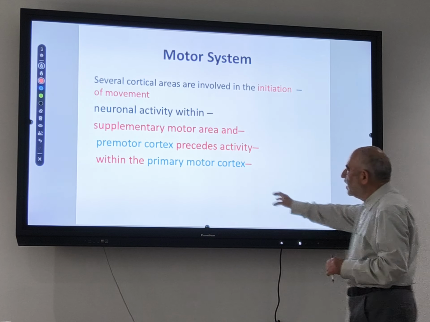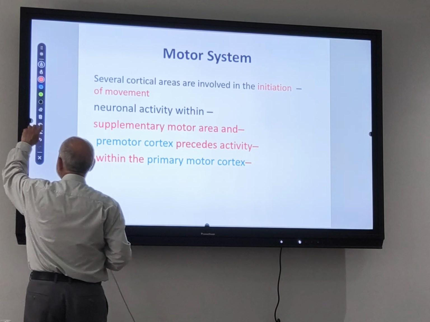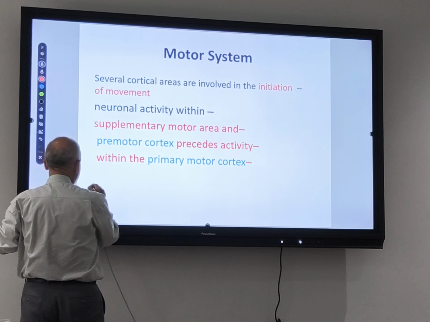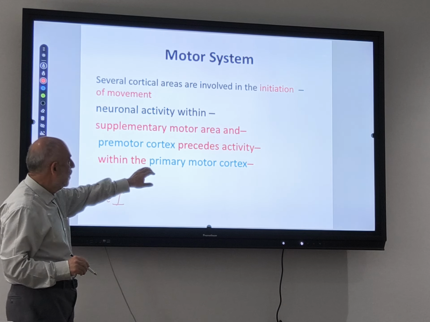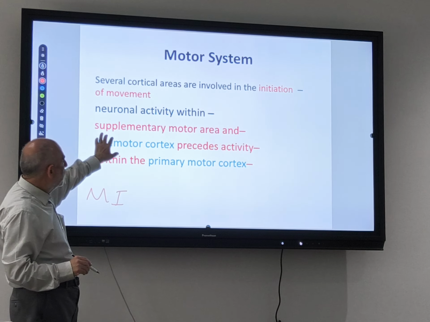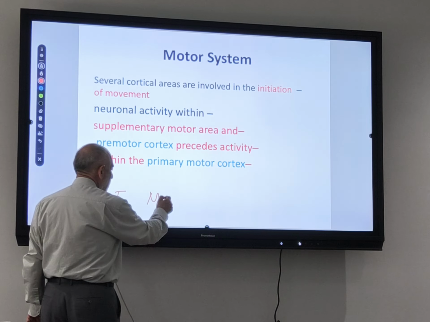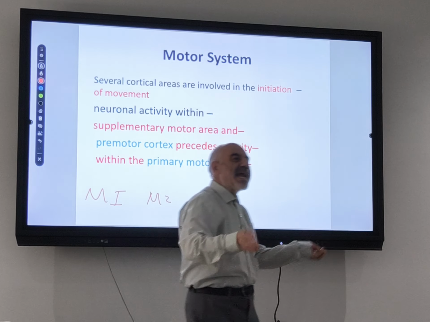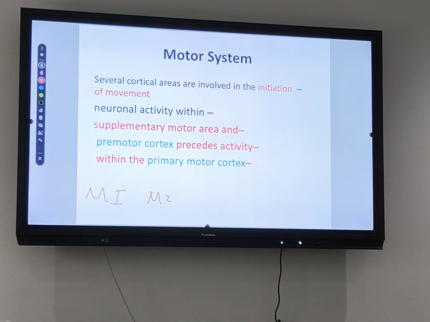Primary motor area is M1. Premotor area and supplementary motor area are M2. So, for doing any activity, sometimes you stimulate different parts in the pyramidal tree.